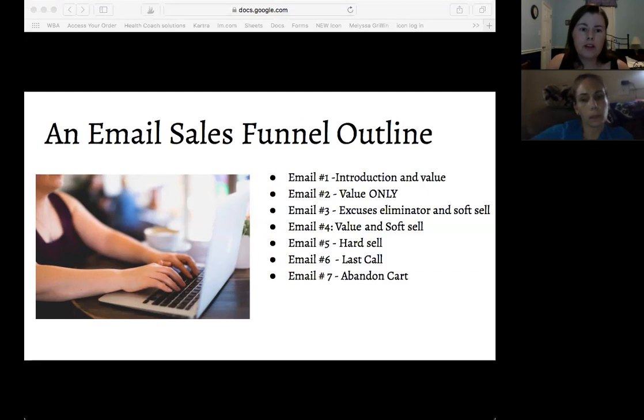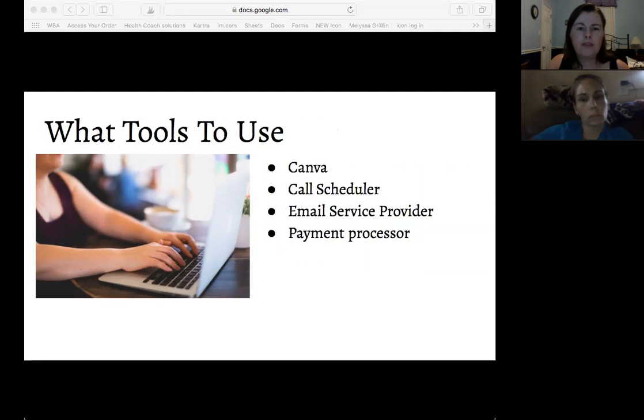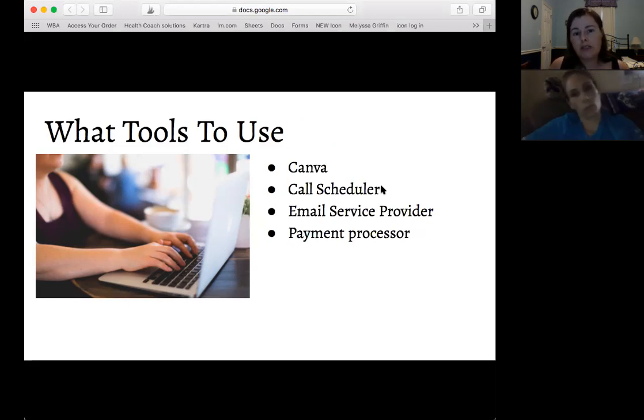So, let's see. And I think I talked about this a little bit in the webinar, but I'll go over it again. The tools to use to set up a funnel are pretty simple because it's just your email service provider, a call scheduler if you're doing a funnel to your discovery call or sales call, Canva for your lead magnet to create whatever checklist or PDF that you're offering them, and then a payment processor so that you can send them a link to buy whatever it is that you're including in your email sequence.